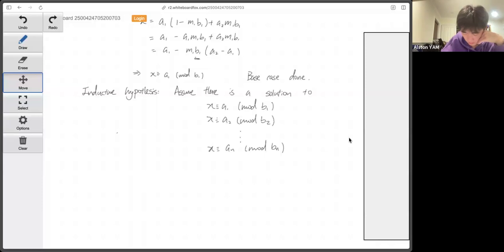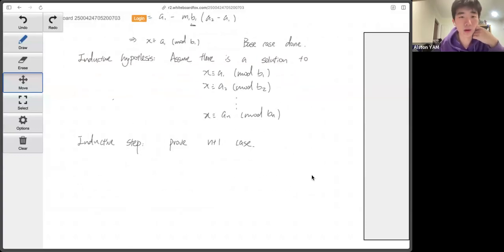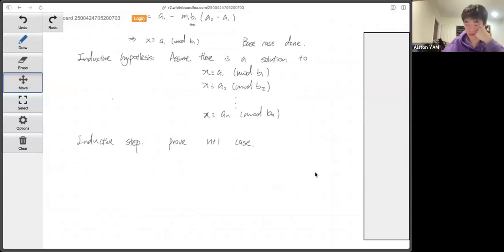So inductive step, prove n plus 1 case. How might we do this, right? So we have all of this up here.